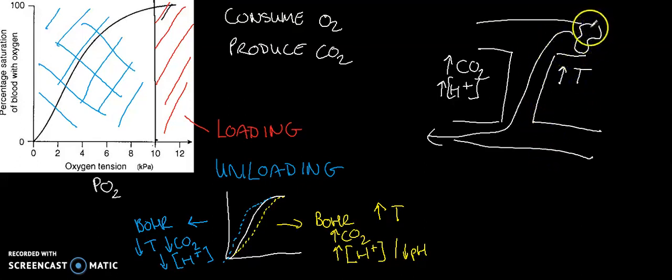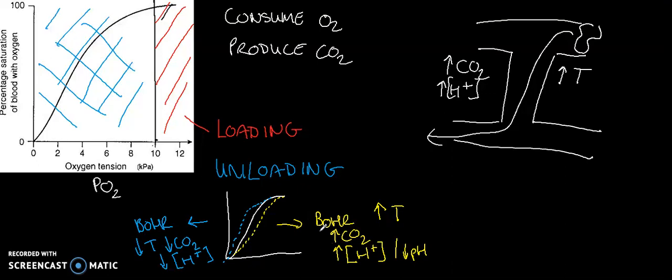So as the red blood cell is working its way through these capillary beds, it is experiencing all of the things that make your Bohr shift right. And what does this do? If you shift the curve right, you decrease the affinity for oxygen and hemoglobin. In other words, if we were to anthropomorphize things, your hemoglobin molecules want to get rid of the oxygen.